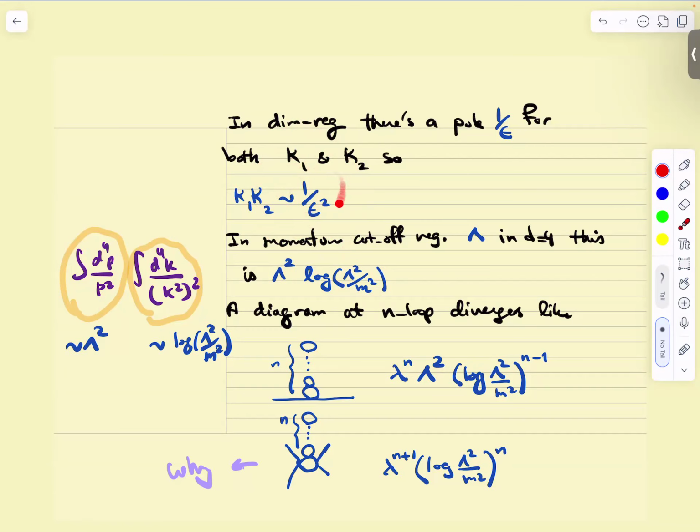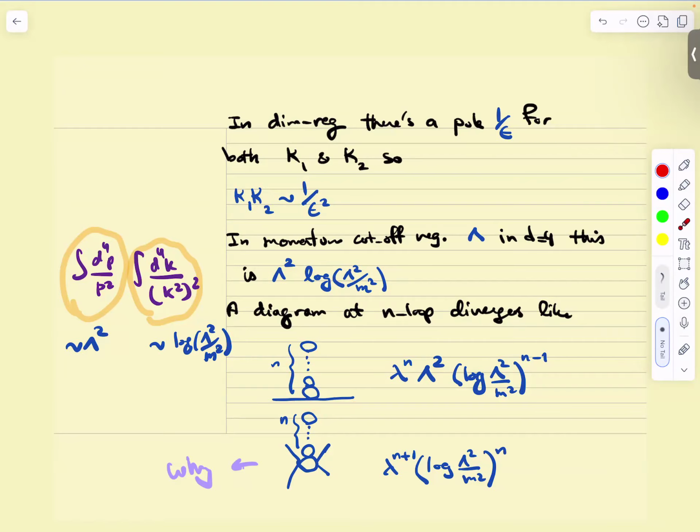So this is a new form of divergence. It's not a log divergence. If we did a momentum cutoff regulator, there's an integral over p squared and then k squared. This will give you a Lambda squared, and this gives you log Lambda. So the structure of this diagram is Lambda squared log Lambda. Good.